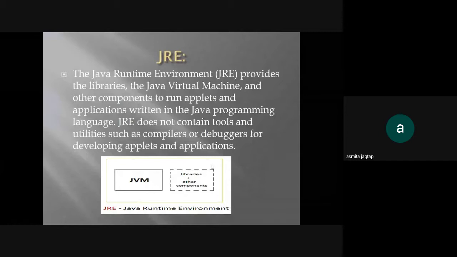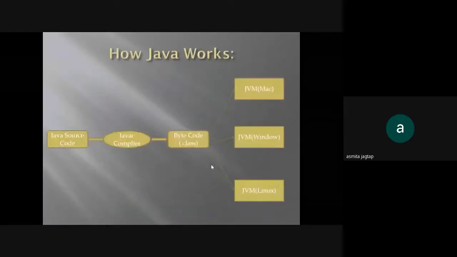How does Java work? Firstly, the Java code, that is our program. When we compile it, it is converted into bytecode, also called the dot class file, which is machine-level language.